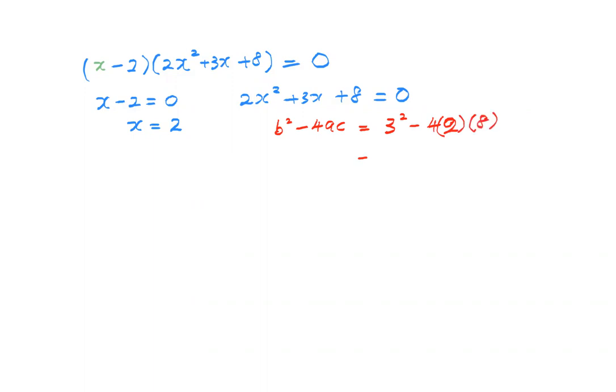So this will be equal to 9 minus 64, which is less than 0. So we make a conclusion, no solution. So we show that there's only one x-intercept. This is one of the skills that you must know how to do.